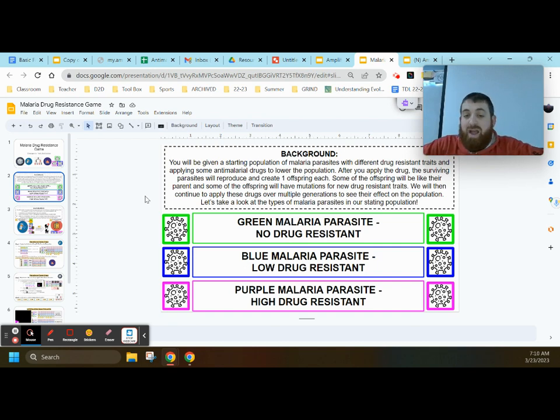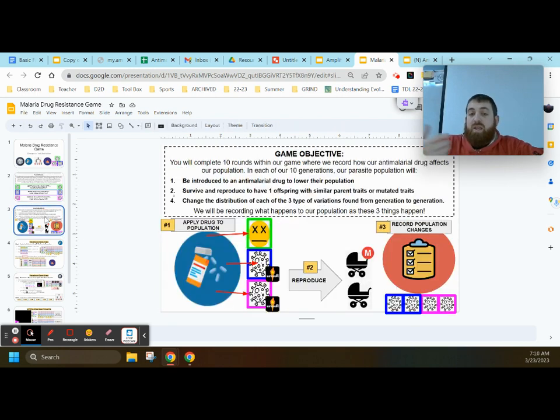And as we continue to apply these drugs over many generations, we're going to see the effects in the population. So we're going to have one parasite population with three sets of variations. We're going to have our green parasites that have no drug resistance, our blue parasites that have low drug resistance, and our purple are going to have high drug resistance.